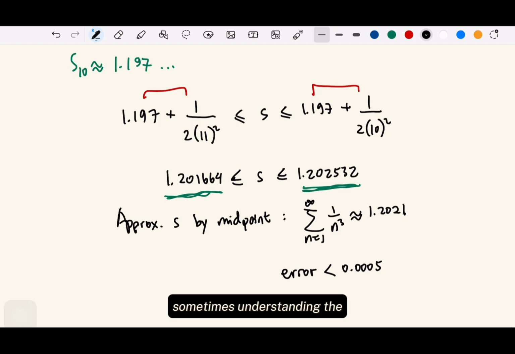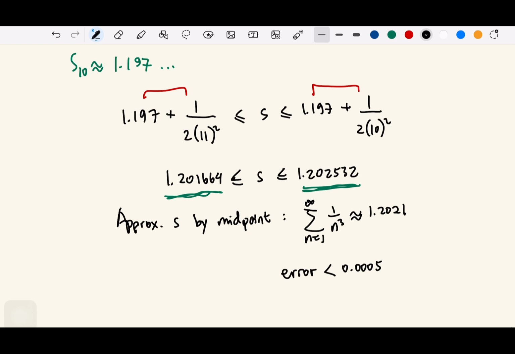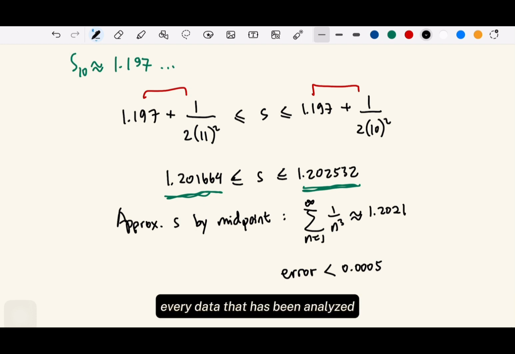And sometimes understanding the error can also be helpful if you work with a lot of data and statistics. You need to understand the error. Usually every data that has been analyzed will have a standard error or standard deviation. No matter where you work, in industry or related to finance or a retail company, all companies will have a database and you need to work with error.